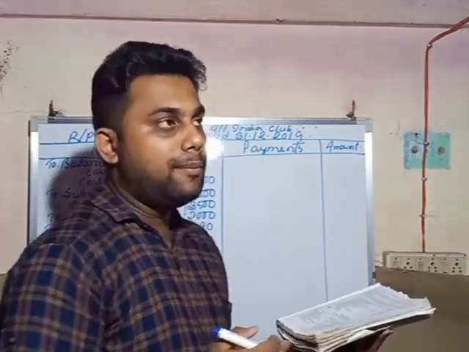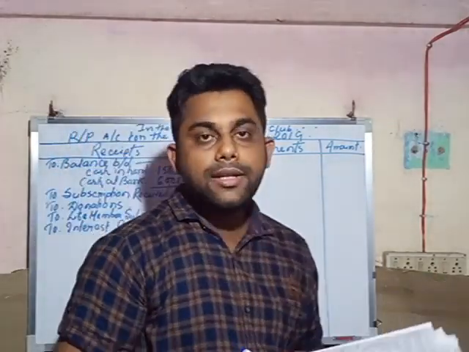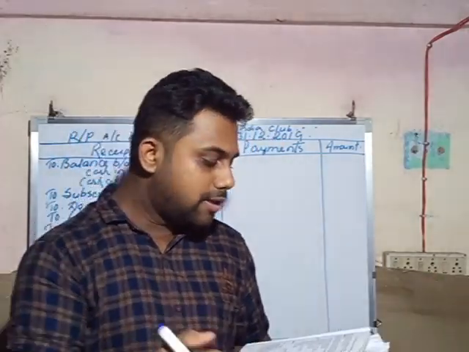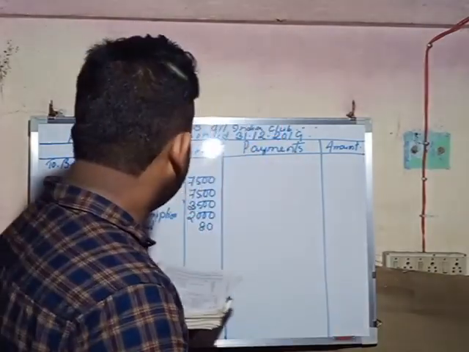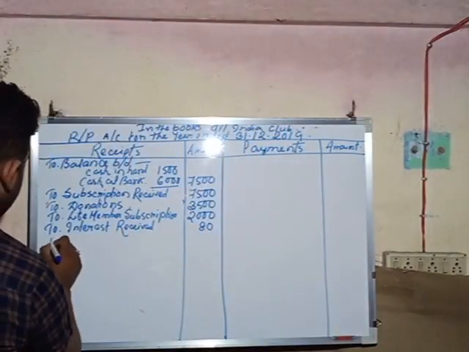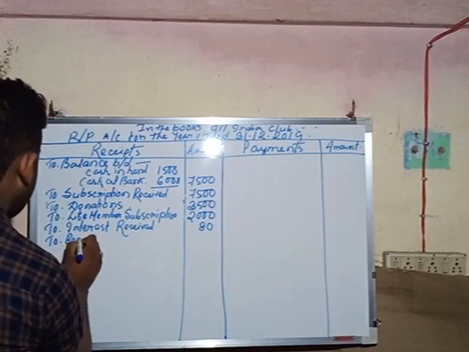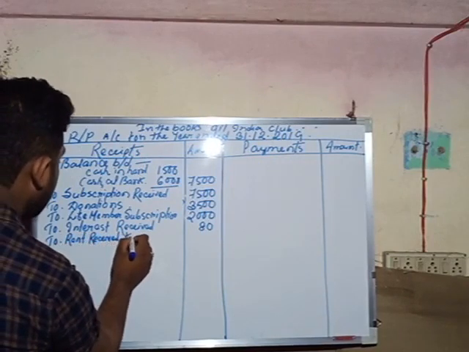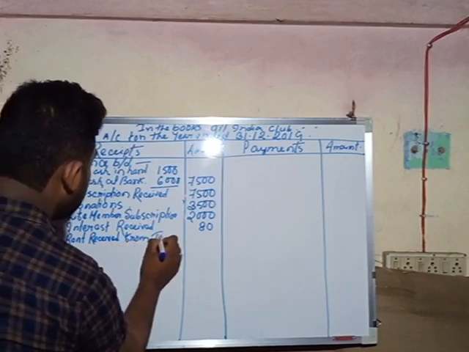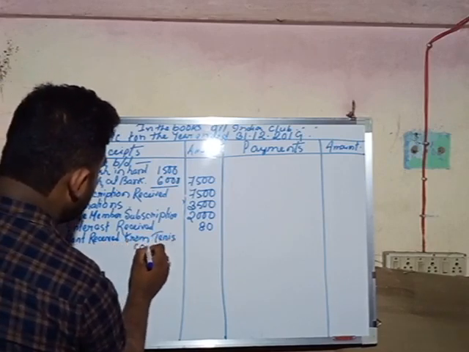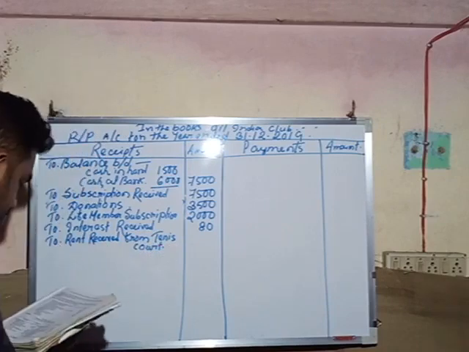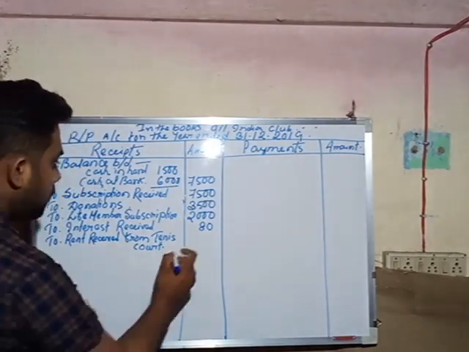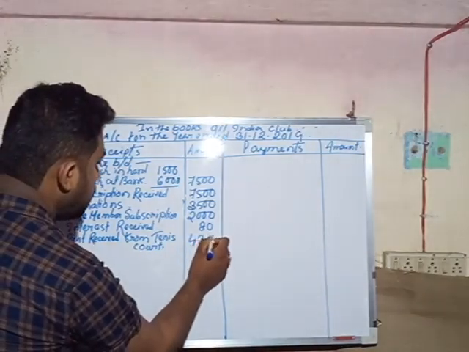The club had a tennis court, so they have given it on rent. From that they have received a certain amount as rent, so it comes in the receipt side. To rent received from tennis court, amount is 4,300.